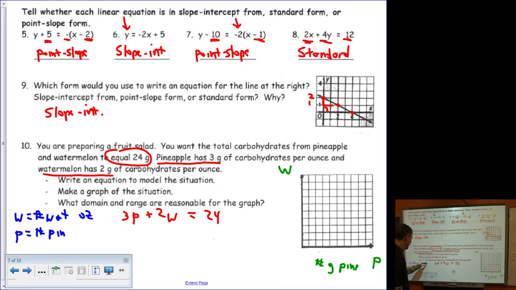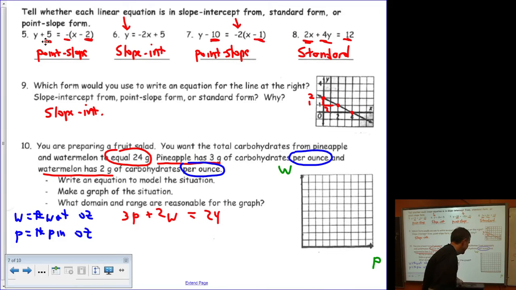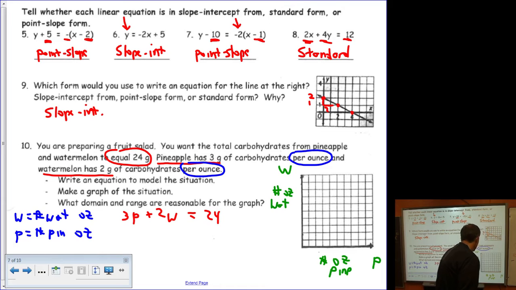Number of watermelon ounces and number of pineapple ounces. All right, it's per ounce. There we go. All right, so this is the number of ounces of pineapple, and this is the number of ounces of watermelon.